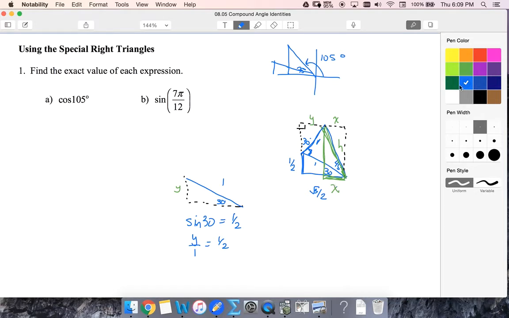That means that my x value is going to be root 3 over 2 minus 1/2. That's this bit. Now I need my hypotenuse. Well, my hypotenuse is inside of my 45, 45, 90 triangle.